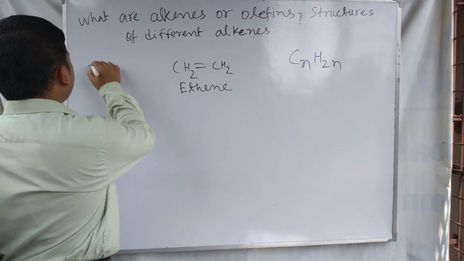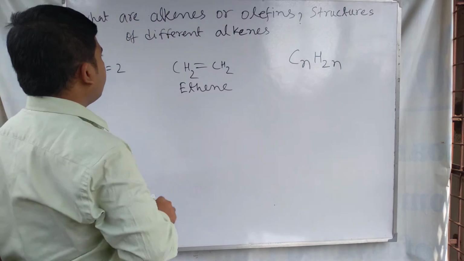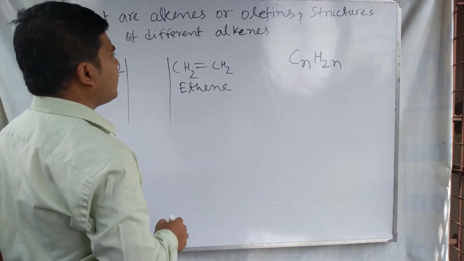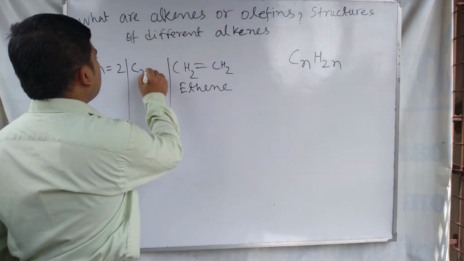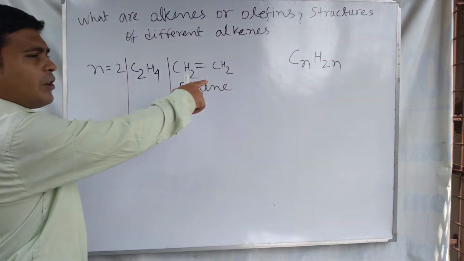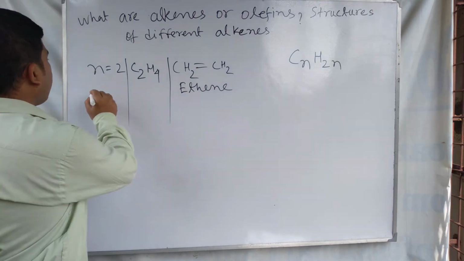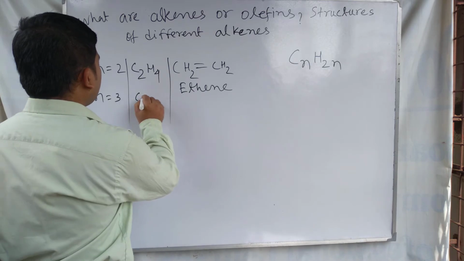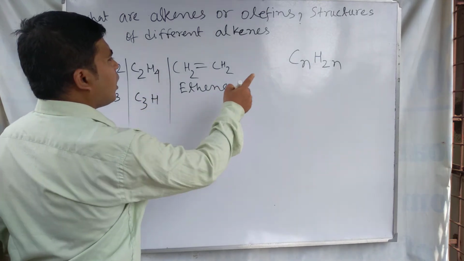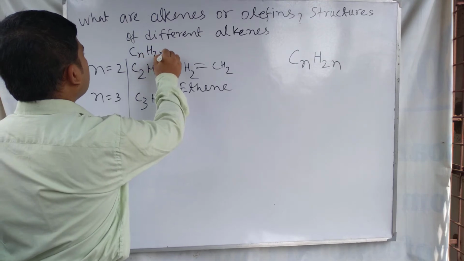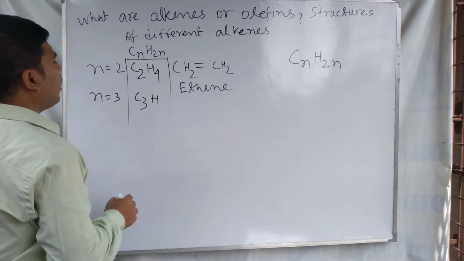If you put n equal to 2, the molecular formula becomes C2H4, and this is the structure of C2H4. For n equal to 3, it is C3H6, 3 into 2. CnH2n is the formula.